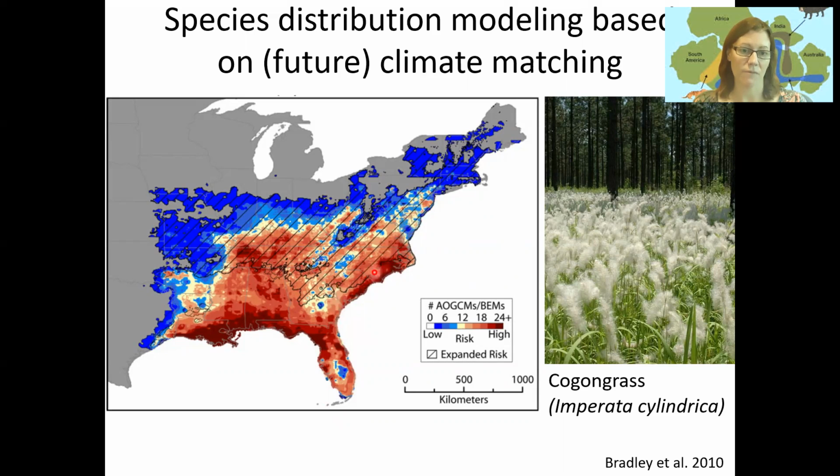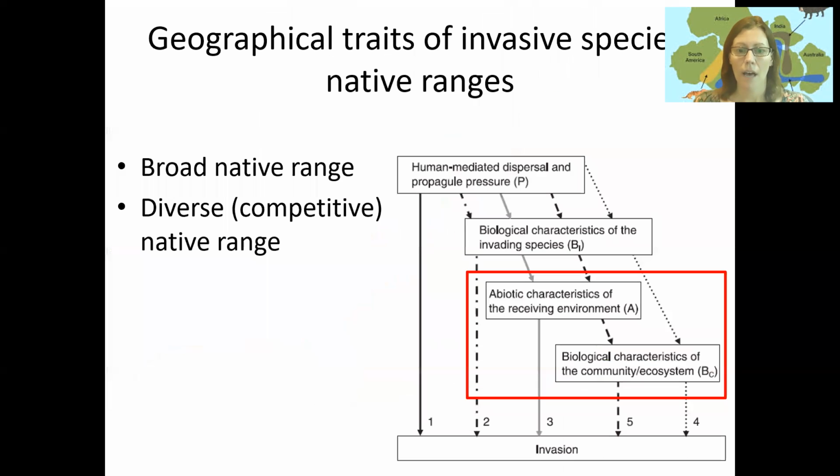And that gives us this information about, well, it could actually expand all the way up into the Midwest and Mid-Atlantic, in this case, by the end of the century. So those are some examples of species distribution modeling, looking at these abiotic matches between a species distribution and its potential range, its potential risk.